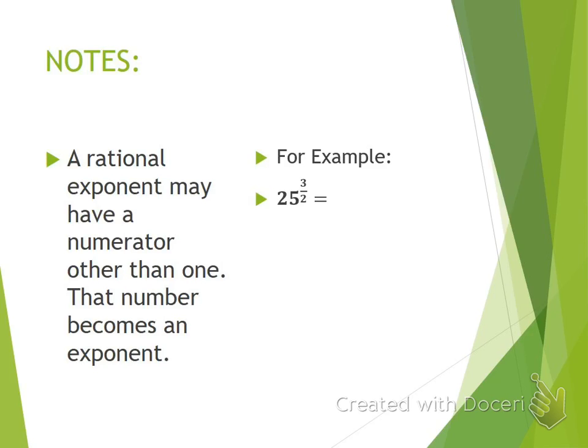Okay, so if you want to make yourself a little note off to the side, if this is your fraction bar, the numerator is the exponent, the denominator is the index.